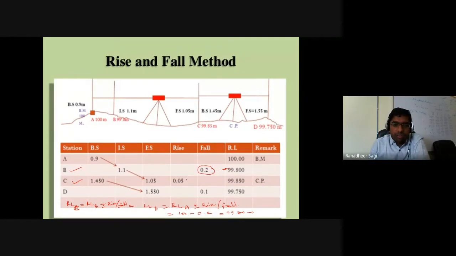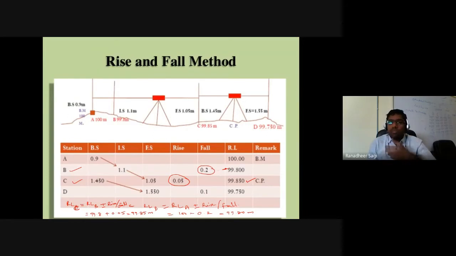It is represented under rise. So rise means it is positive. The previous RL value is 99.8, and as rise is positive, plus 0.05. So it comes out to be 99.85 meters, the RL value of point C.